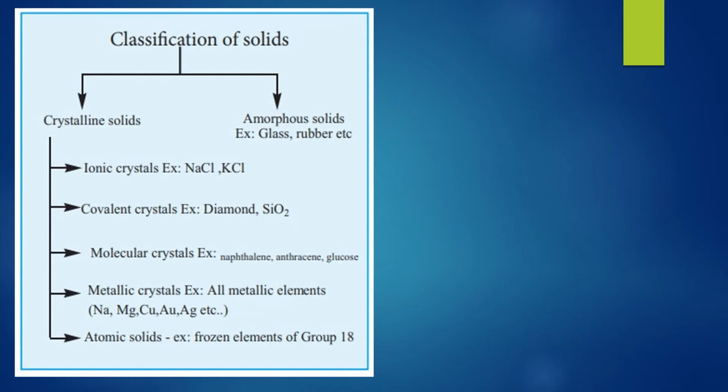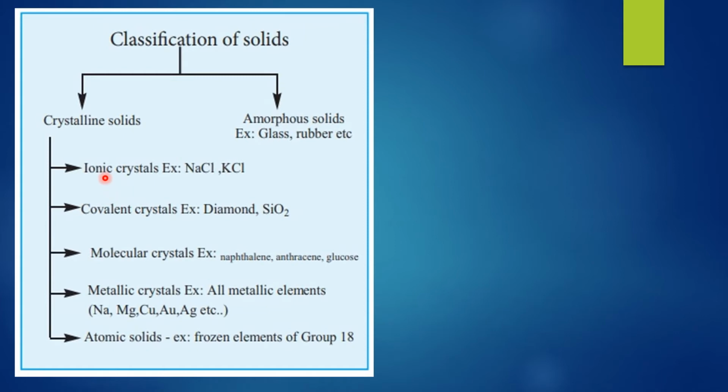Ionic crystals are those in which the constituents are present as Na+ and Cl- ions. In a covalent crystal, atoms are the constituents. In a molecular crystal, molecules are the constituents. In a metallic crystal, metal ions are embedded in a sea of mobile electrons. Atomic solids are frozen elements of group 18.